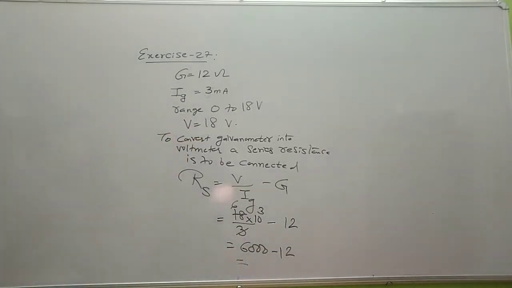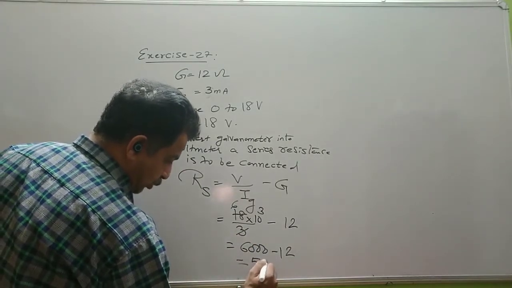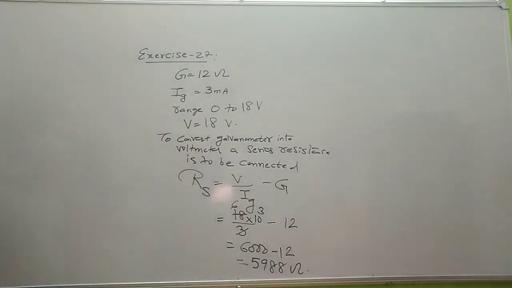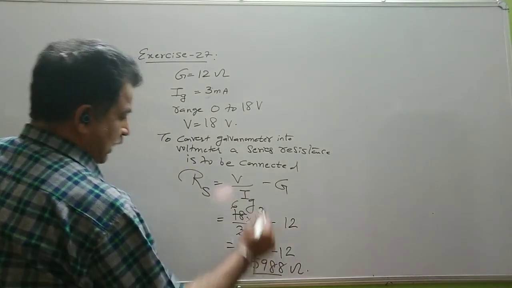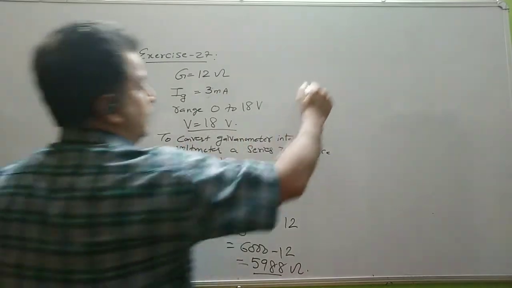We have also discussed that the series resistance should be as high as possible. So see the value, it comes out to be 5988 ohms. So if I connect a resistance of this value in series with a galvanometer, it can measure a voltage up to 18 volt.